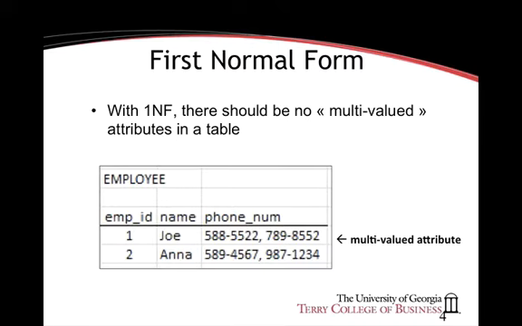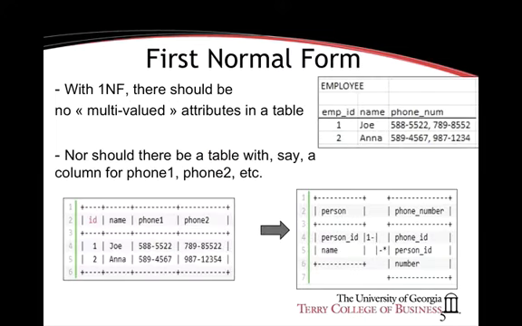The first normal form holds that there should be no multi-valued attributes in a table. This means you cannot have a column hold two values of anything, such as a phone number, for example. Each column must have a unique value such that multiple columns cannot be used to fetch the same row.